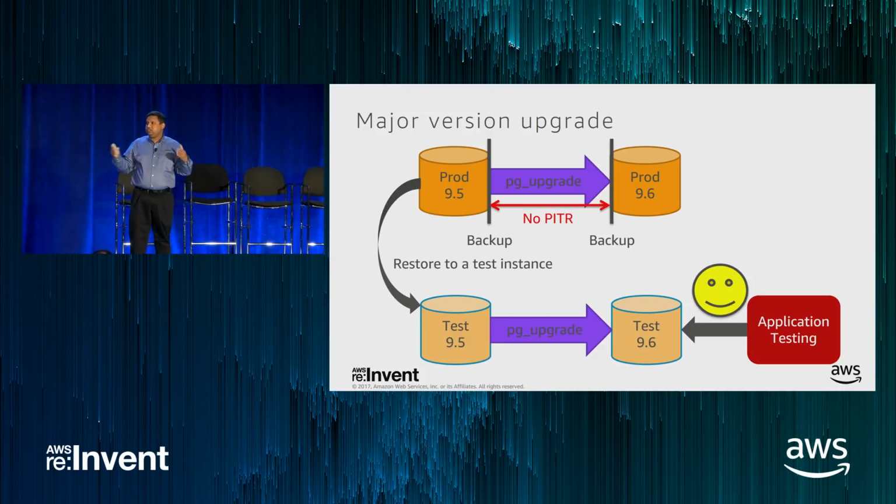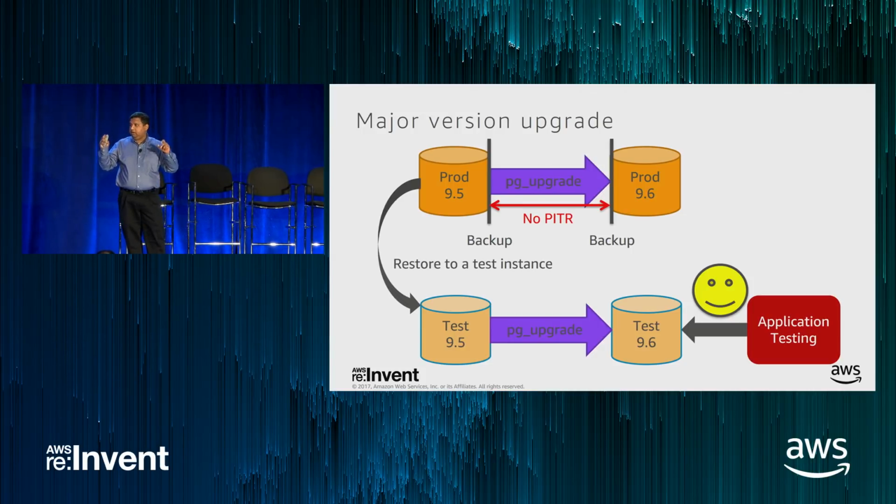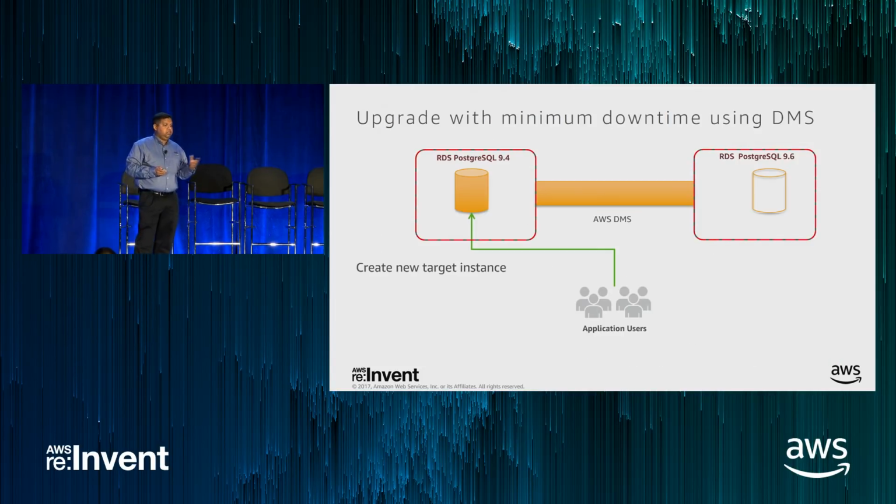If that time is suitable for your maintenance window, then you can use this process. If the maintenance window that you can allocate for such a major version upgrade is smaller than what it is taking in your testing, then the other option you have is to upgrade with AWS DMS, which is the Database Migration Service.